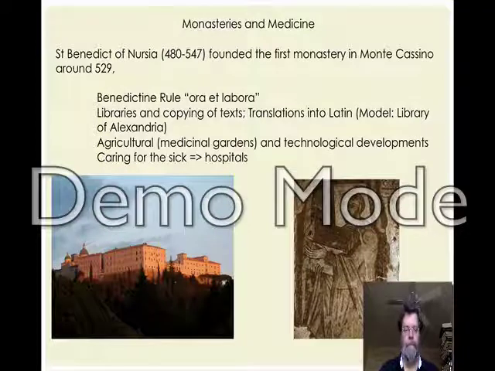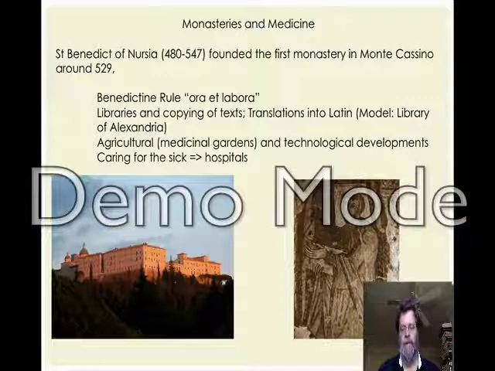Now, it wasn't all bad. Hospitals spread based on the model of St. Helena, but monasteries, in particular the Benedictine monasteries, the first one founded by St. Benedict in Monte Cassino around 529, began to take on the legacy of the Library of Alexandria by also collecting knowledge, translating texts from Greek and also Arabic into Latin, making this kind of knowledge available.